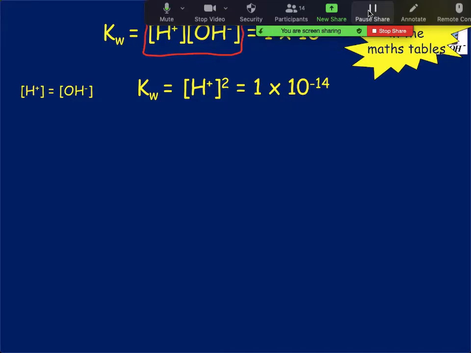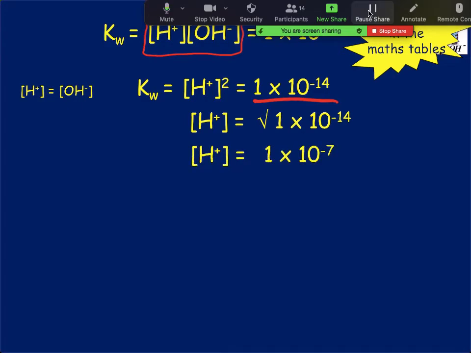So if I wanted to find H plus, what would I do to this number? Square root. Yeah, to find H plus, I square root it. If I do that piece of maths, hydrogen ion concentration is 1 by 10 to the minus 7.